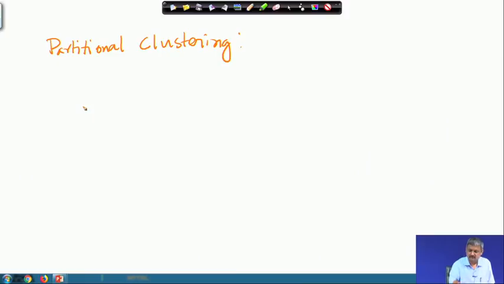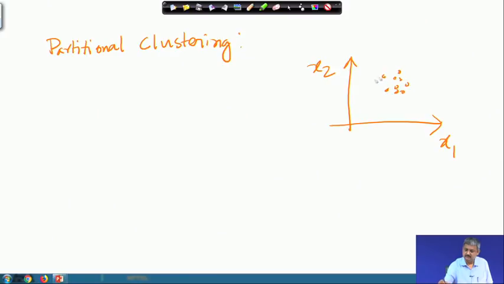How will I do it? Given my points to be clustered, by the way, what is a partition?